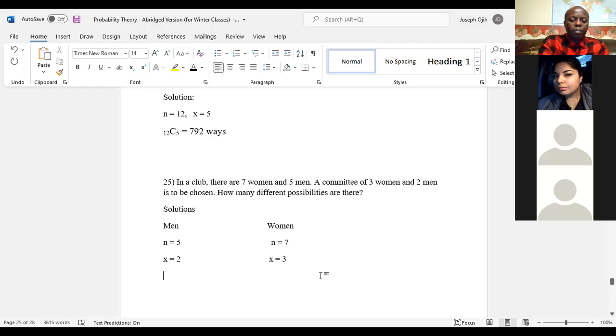The number of possibilities equals 5 combination 2 times 7 combination 3, for the women. That will give you the possibilities we're looking for.